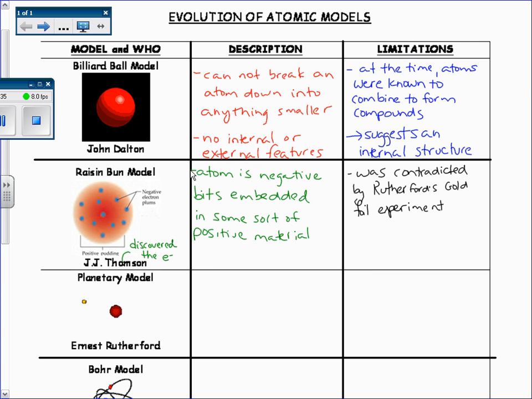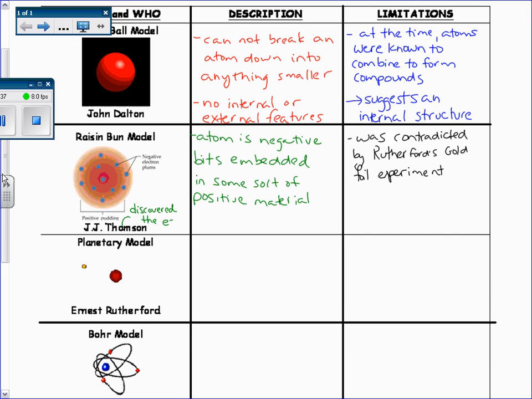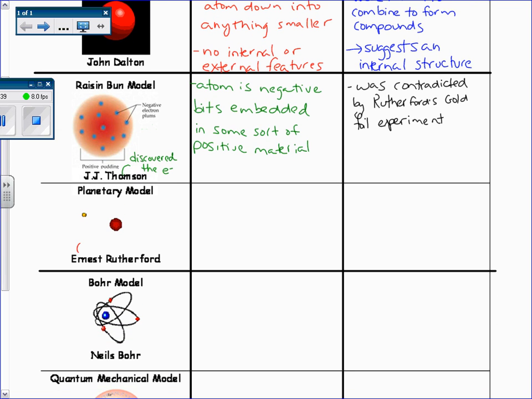Which then brings us to Rutherford with the planetary model. And so Rutherford discovered the nucleus. And he said that most of the mass and all the positive charge are concentrated in the nucleus.